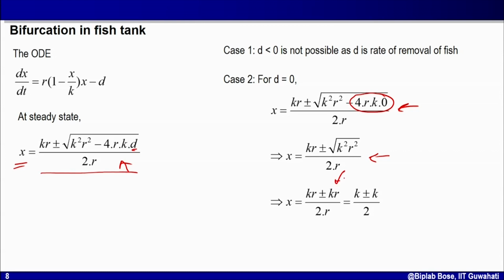If I cancel r, because r is not equal to 0, I get (k ± k) / 2. So that means I have two steady state values. When I take the plus sign, I get x = k. If I take the minus sign, then x = 0. So when d is equal to 0, I have two steady states for x: one is k, another one is 0.